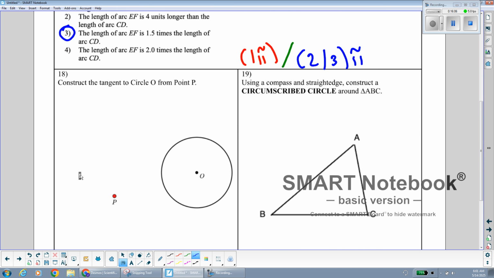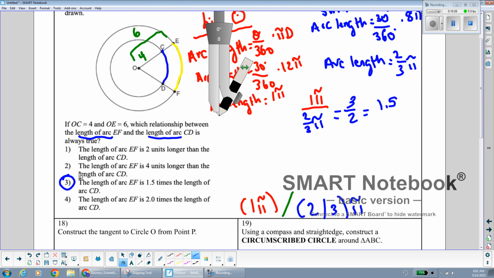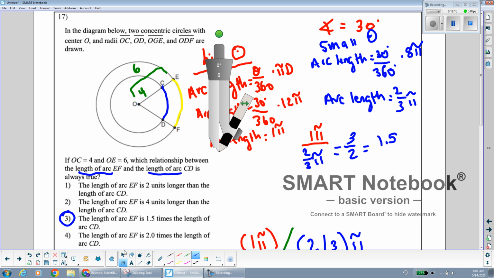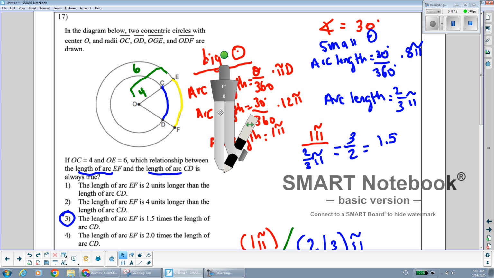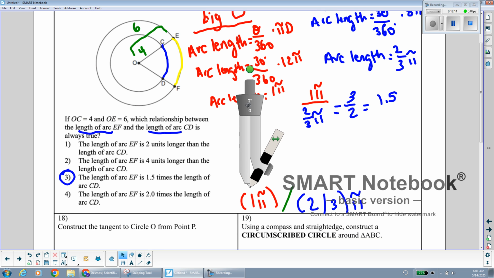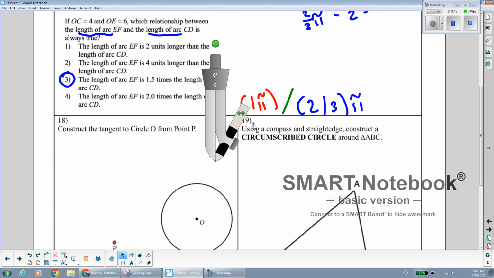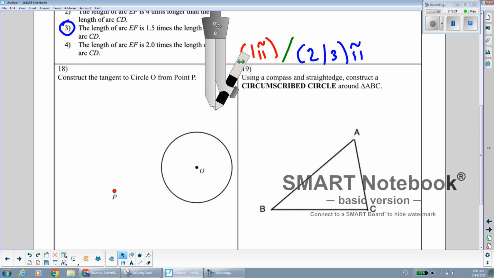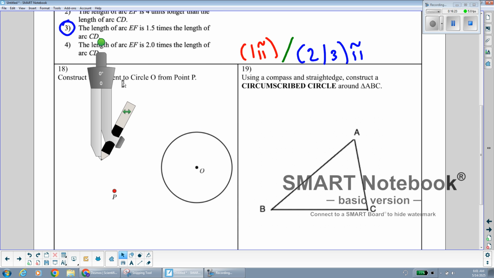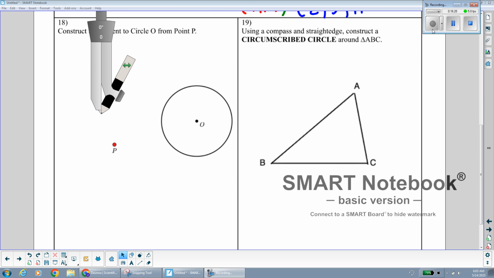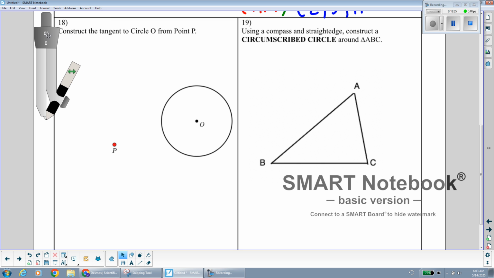Let me just get my compass. So we haven't done this construction in class, but I'm going to start off by using my straight edge to connect points P and O together.